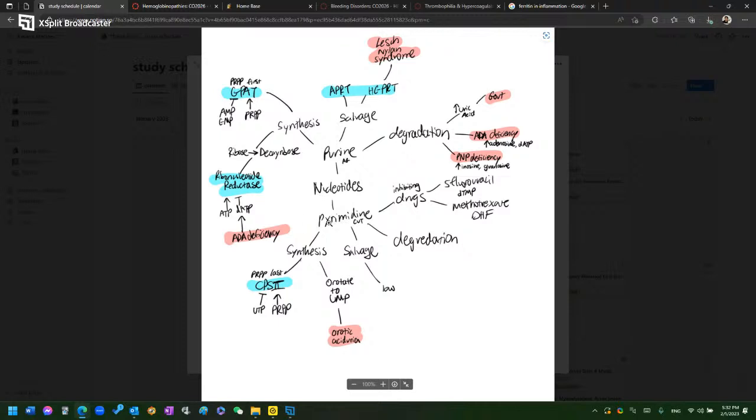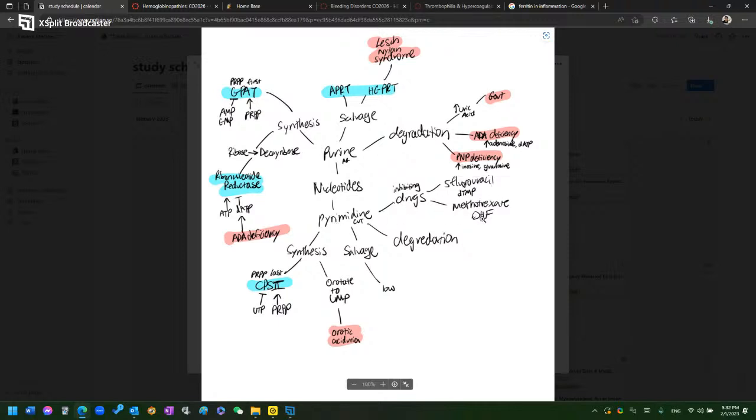So we need the dNTPs, we need triphosphate nucleotides essentially for purines and for pyrimidines. And there are drugs that are involved with these.